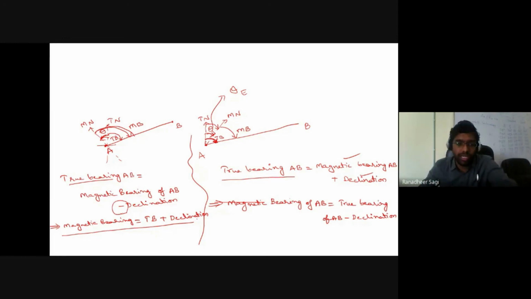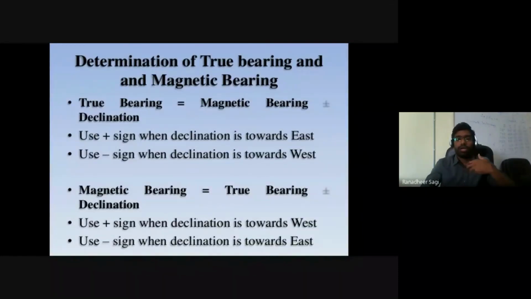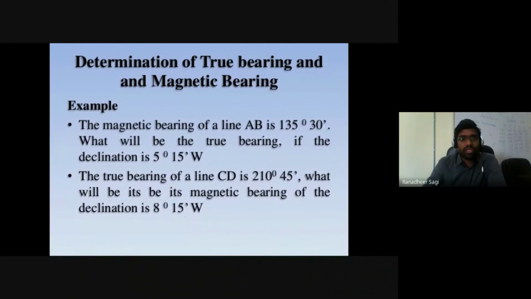For your sake, to get proper acquaintance in solving it, you have a couple of problem statements given here. I expect you to solve them and understand how to calculate your magnetic bearing from the given true bearing and declination, or how to calculate your true bearing from the magnetic bearing and given declination.